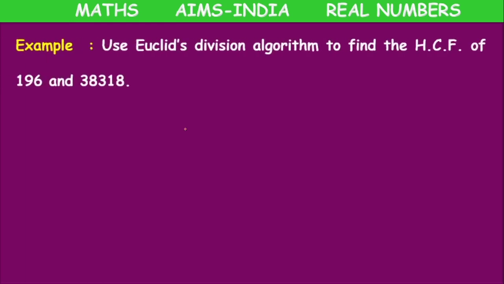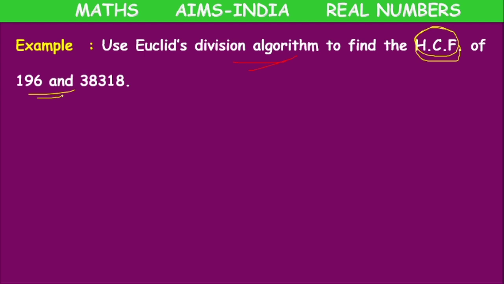So let's see some problems so that you can understand better. The application of Euclid's division algorithm is mainly used to find the HCF of integers. What is HCF? Highest common factor, which we have learnt in lower classes, along with least common multiple.